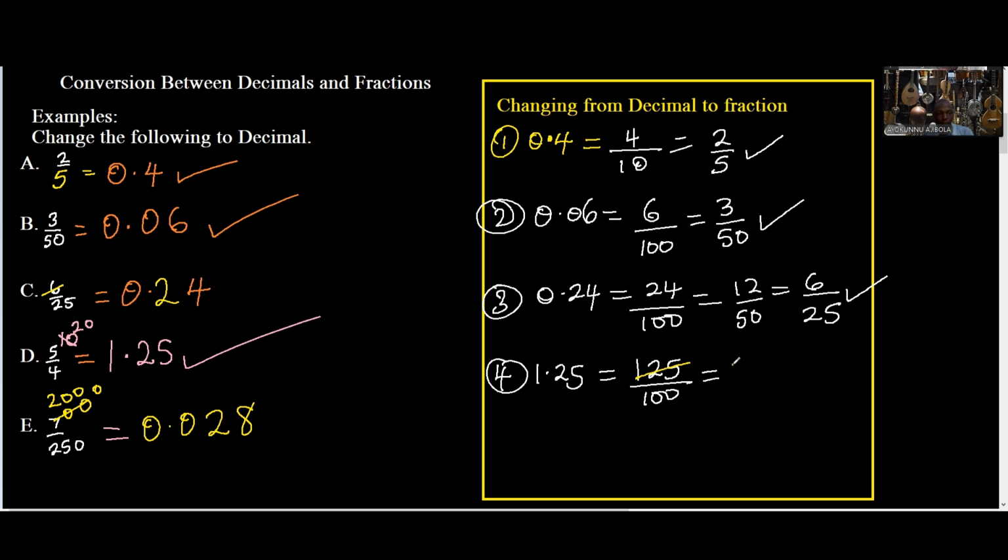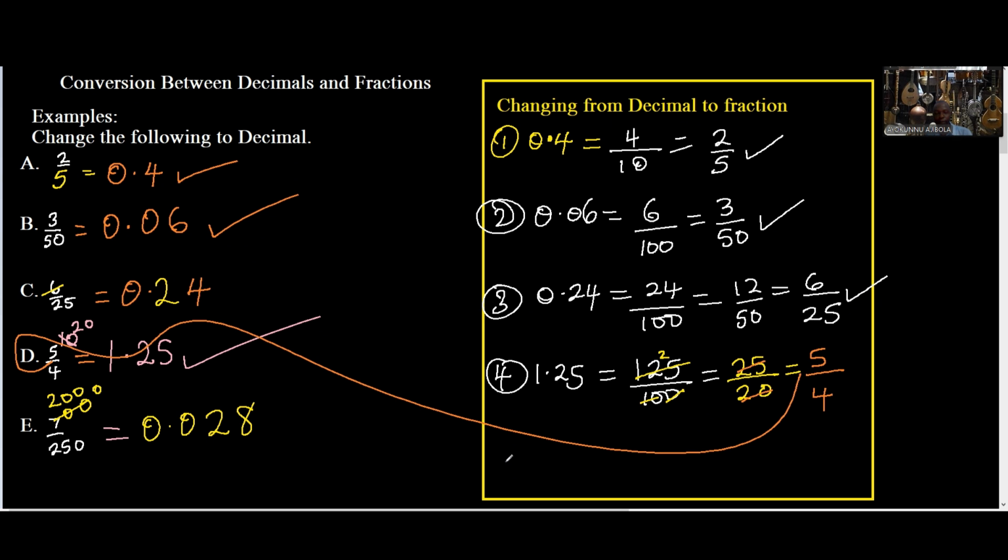How many 5 in 12? That's 2, remainder 2. How many 5 in 25? That's 5. Then 5 in 10 is 2. 5 in 0 is 0. Then we can still reduce it by 5. So we have 5 here, and 4 here. So we started with 5 over 4, right? I thought half of 100 is 50.